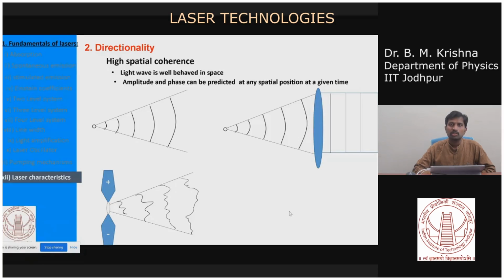Coherence means your phase information has a relationship between the wavefronts at later time scales. In this case, if you take a point and look at the same point at a later time scale, you don't have a phase correlation. When you don't have phase correlation, you cannot tell the amplitude or the phase information at later time scales. That is why this is called incoherent.